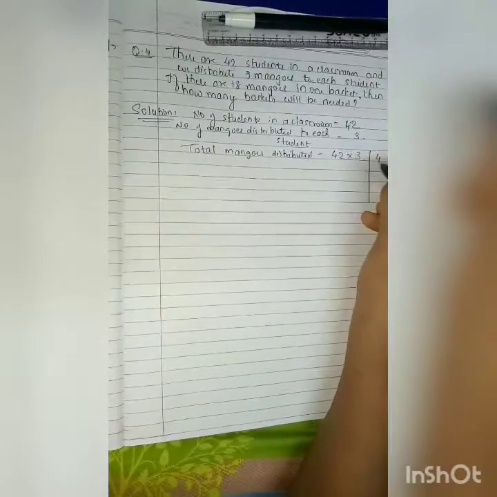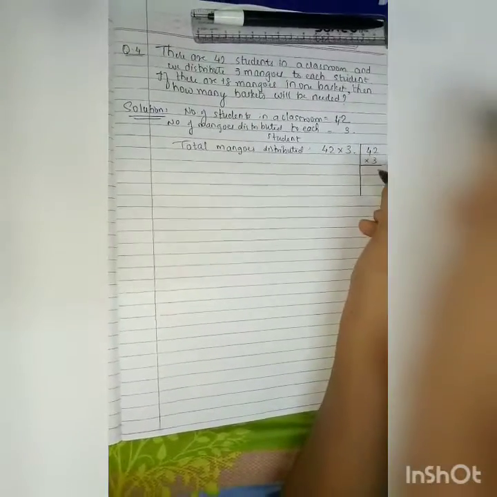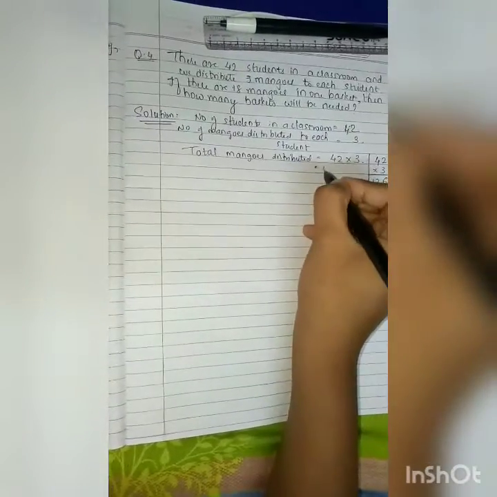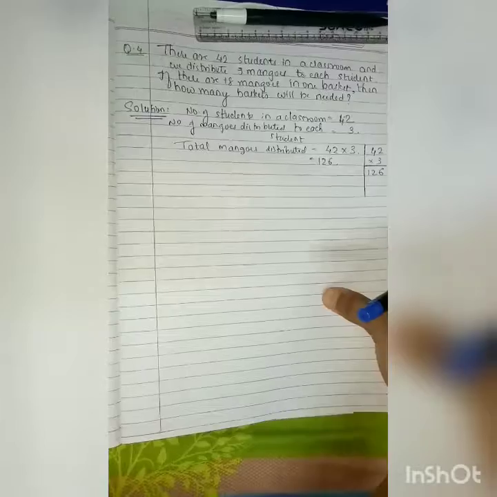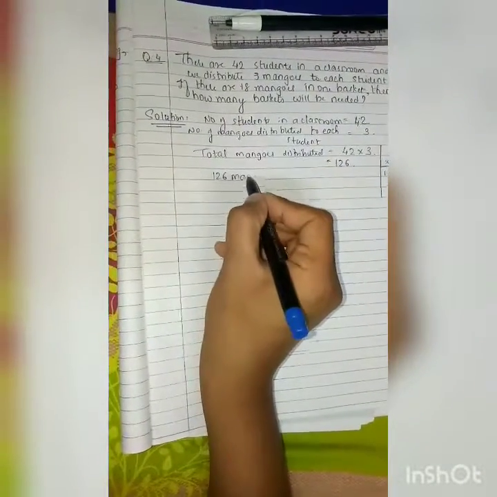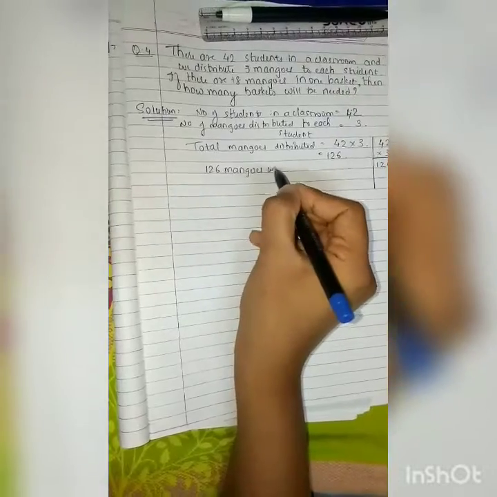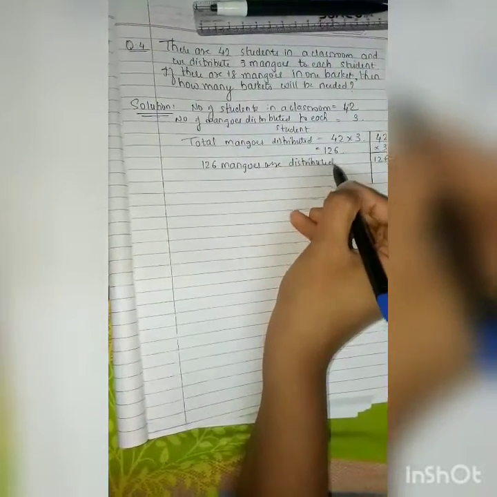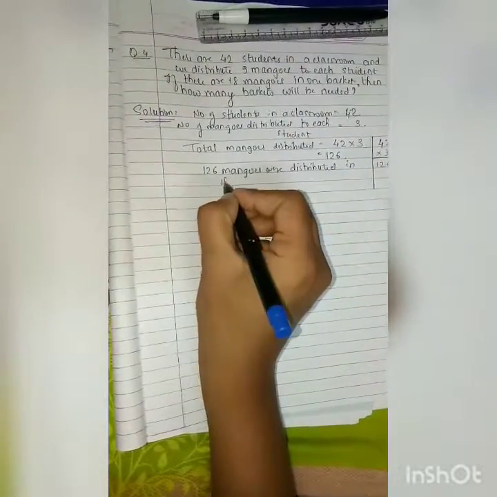So 3 2s are 6, 3 4s are 12. So 126 total mangoes were distributed in the classroom.